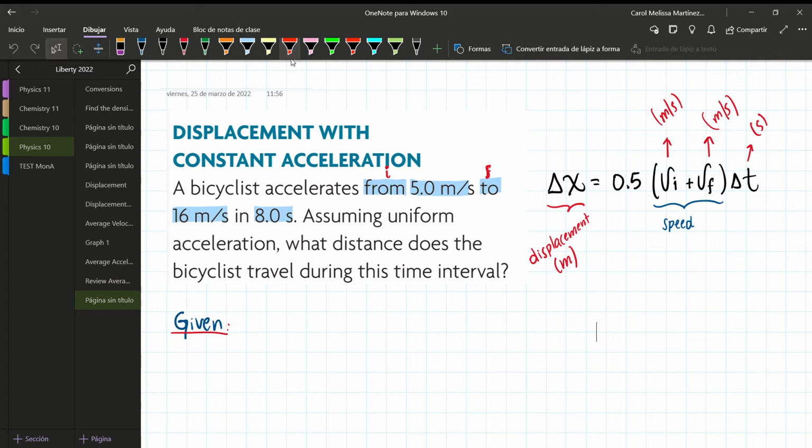From 5 meters per second, I'm talking about initial. Just because it says meters per second, I know it is velocity. And because it says from, I know it's initial. So initial velocity is going to be 5 meters per second. You can also write meters per second like this, like a fraction.